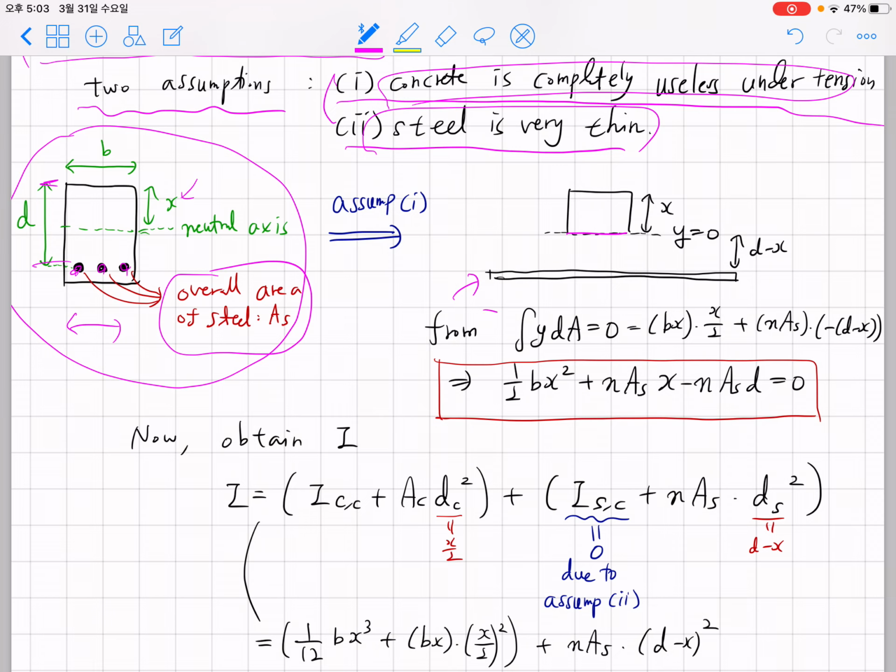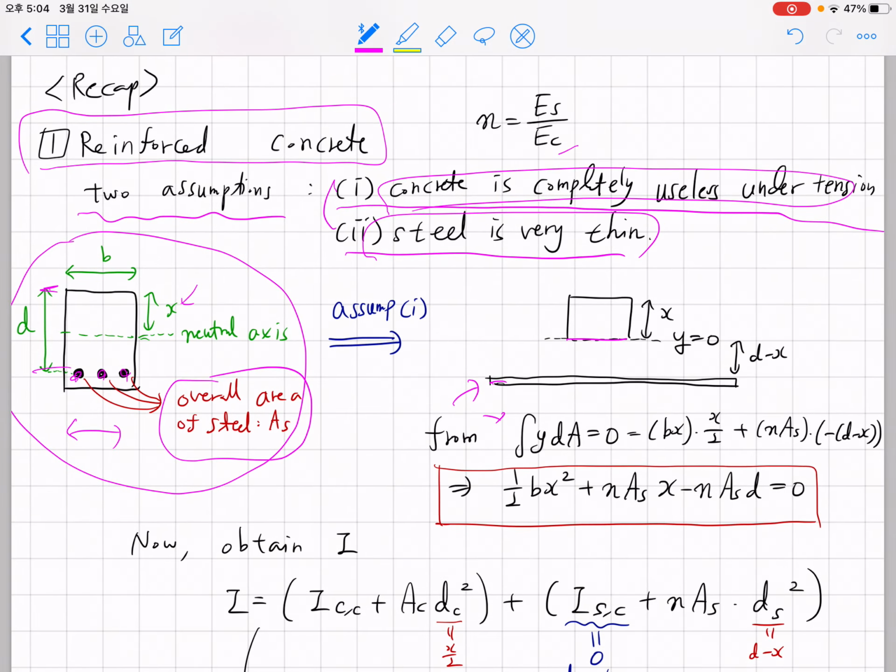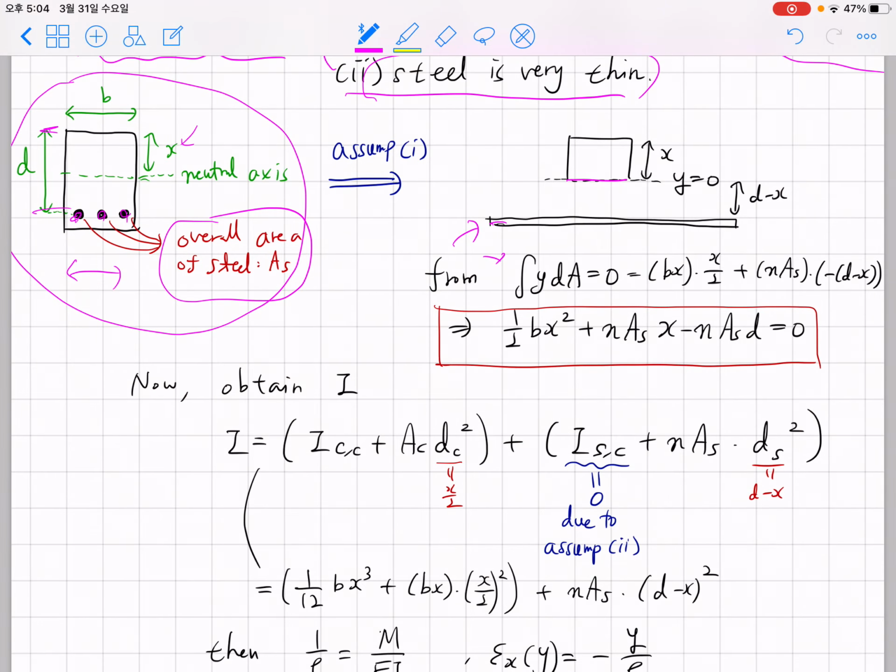From the definition of centroid, we convert steel into equivalent concrete using the ratio Es over Ec. Then, based on the definition of centroid, we are able to derive the equation determining the position x.